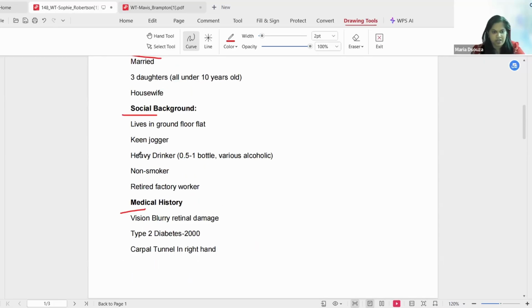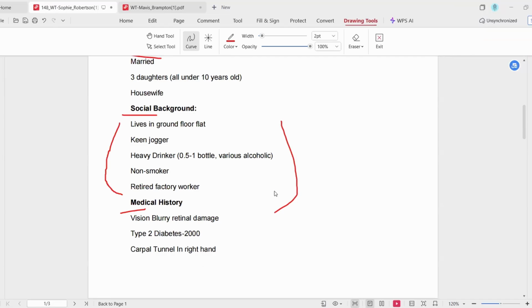She's a keen jogger, heavy drinker, non-smoker. Now, in this social background itself, can you tell me what you think you can ignore? Heavy drinker, or keen jogger? Keen jogger.